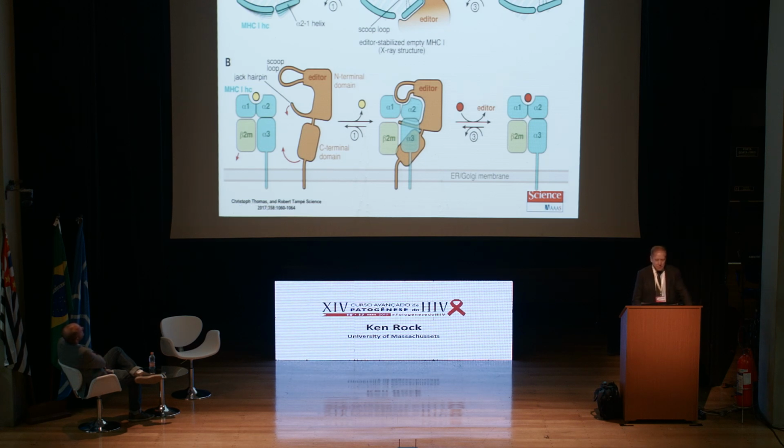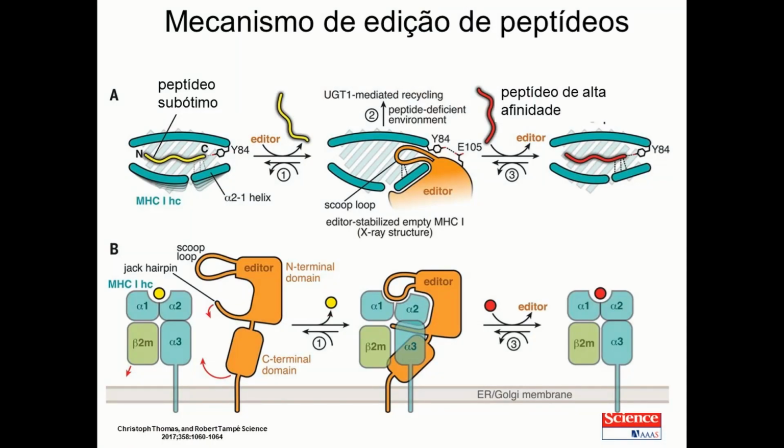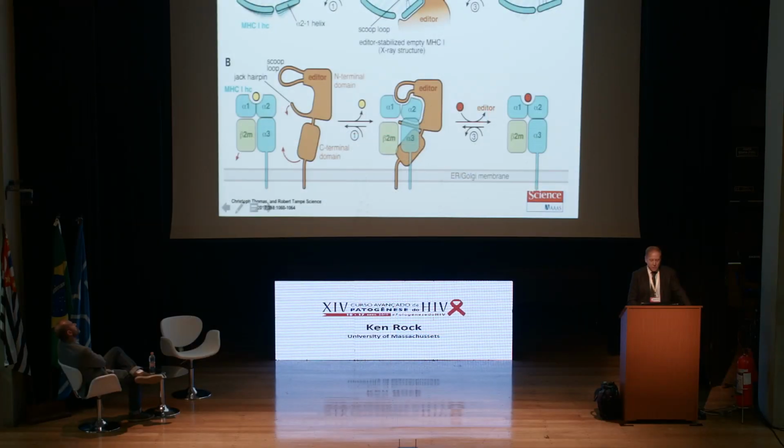What happens is that these peptide editors, as they're associating with the class 1 molecule, and you saw this picture of the cryo-EM and how intimate these are, have a loop that folds into the end of the class 1 molecule's groove. And so this is going to disrupt any peptide interactions with this end of the molecule.